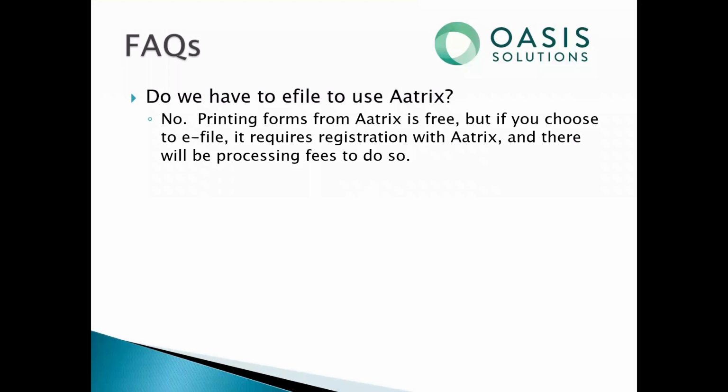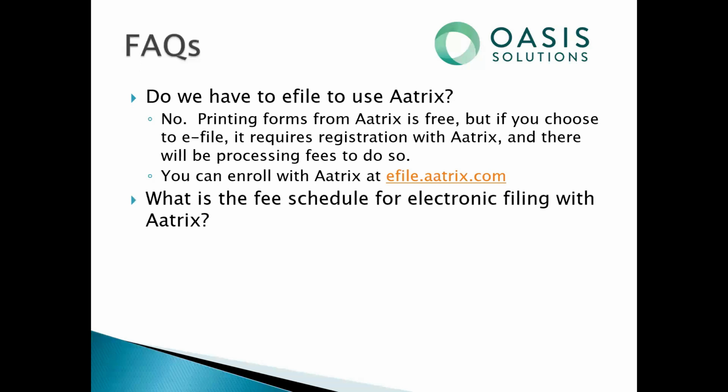So, do you have to e-file to use Atrix? The answer is no. Printing the forms is free. But if you do e-file, you do have to register with Atrix, and there is a fee, and the minimum you'll be charged is the $24.95.